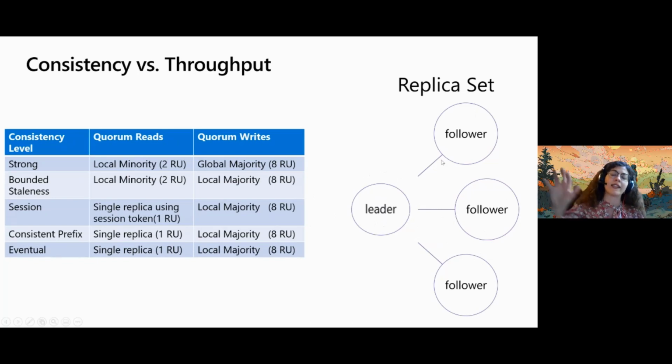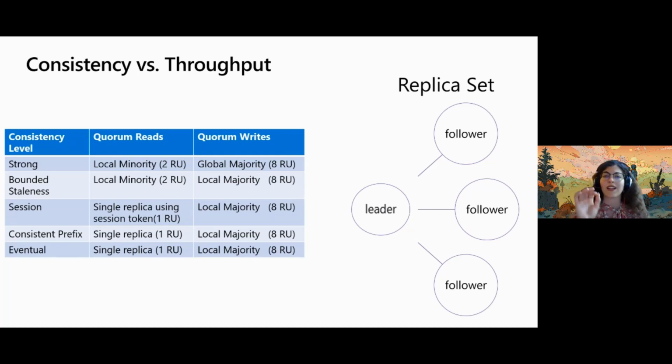If I replicate in another region, one of the followers becomes the forwarder and sends the data to the other region. Now, if I'm having a strong or bounded staleness consistency model, then I have to read from 2 followers, from 2 replicas, in order to provide this consistency.